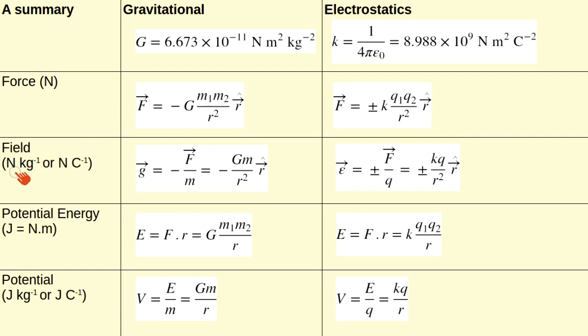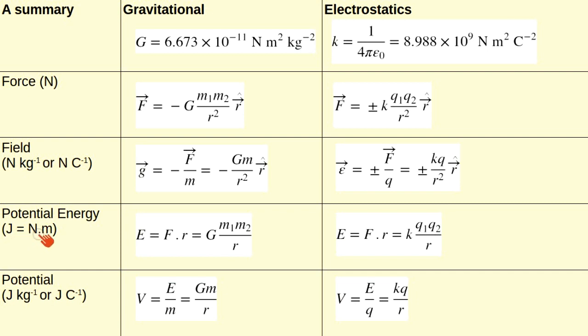The field is either Newton per kilogram or Newton per coulomb. G is minus F upon m, which becomes minus Gm over r squared in the r hat. E is plus or minus F over Q, which is plus or minus kq over r squared r hat. So you can see, compare and contrast.